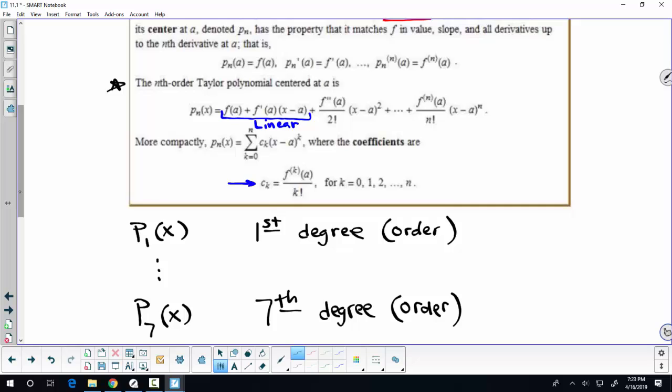So we could compactly write this. Sum from k equals 0 to 4, f k x minus a to the k all over k factorial. So we could write that compactly as that sum.